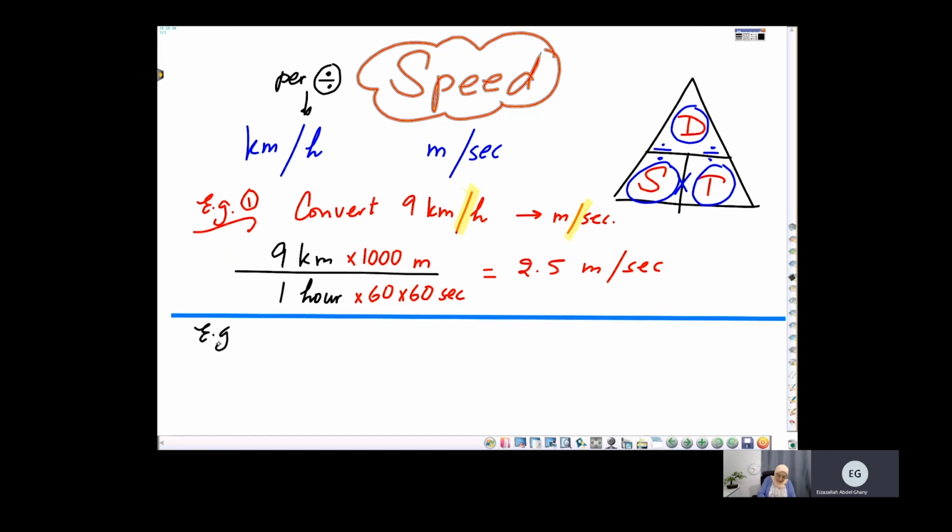Example 2. Now there's a word problem. The distance is 1.5 kilometer, and given that the time of the journey is 20 minutes, he wants you to find the speed in kilometer per hour.